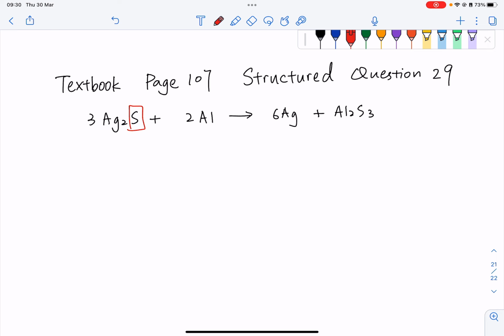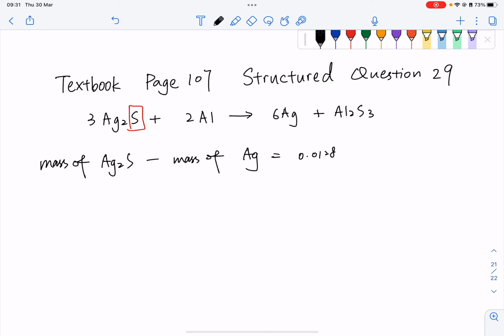Although aluminum and aluminum sulfate are solid here, we only take a look at the process. So it's simply the mass of silver sulfide minus the mass of silver, and then we will have 0.0128 grams, right?